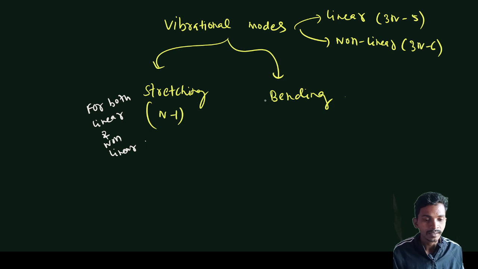And bending is 2n minus 4 for linear, and 2n minus 5 for non-linear. How do we calculate that? For linear, it is 3n minus 5 minus (n minus 1).